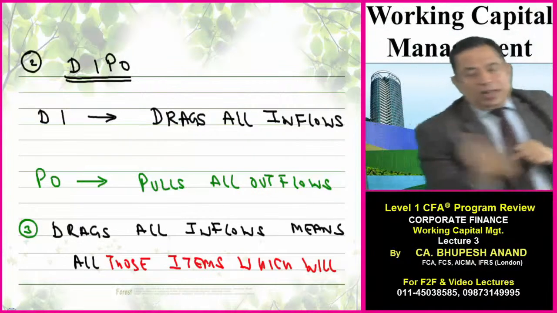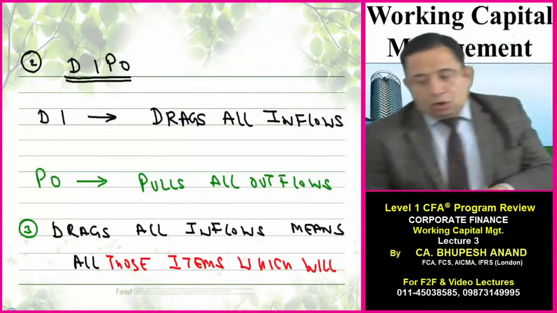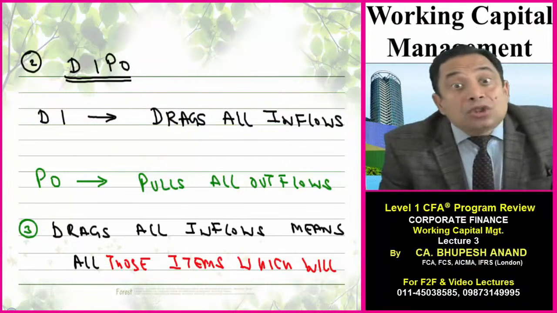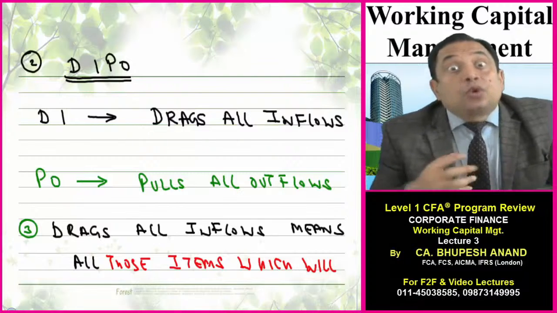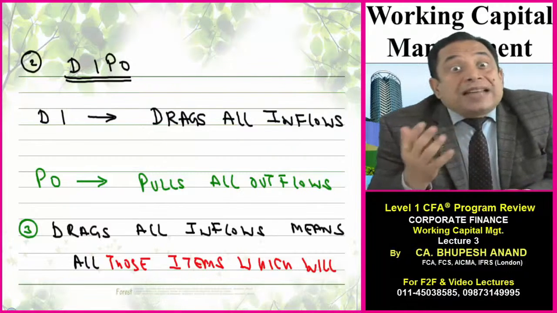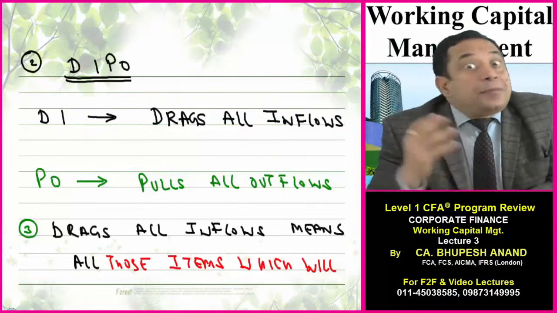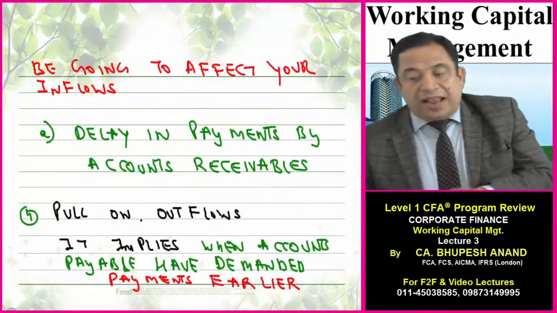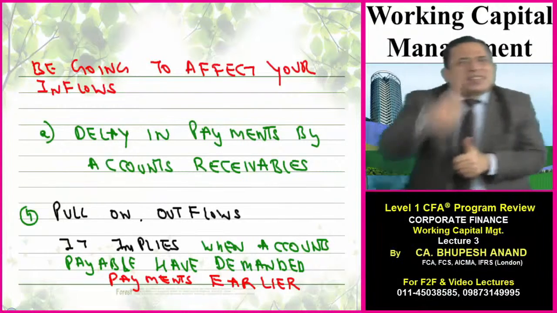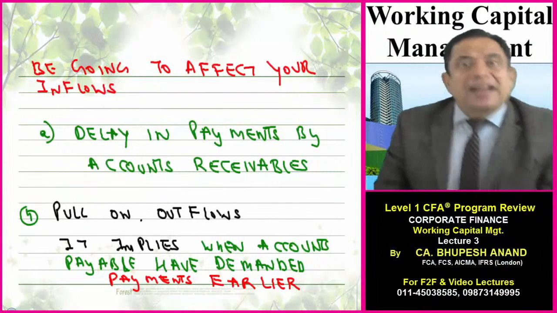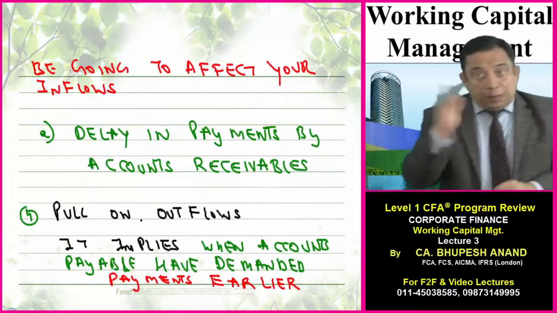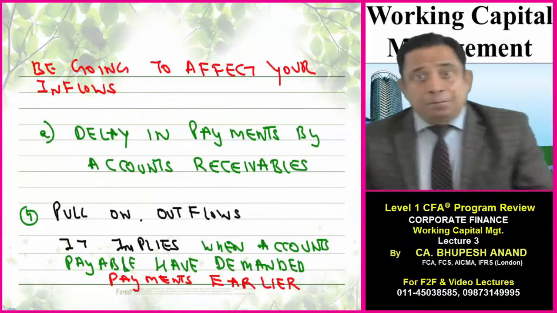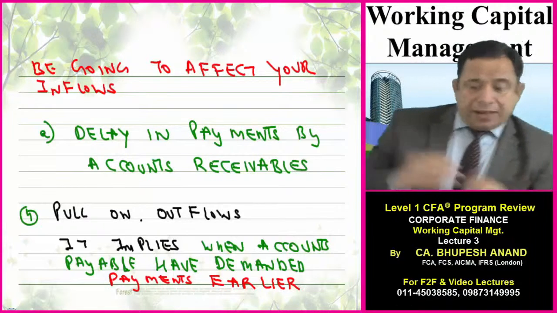Drag on inflows means all those transactions through which, as an entity, I am supposed to get cash, but I am not getting it. That is named drag in, and the best example is delay in payments by accounts receivable. Those debtors are delaying my payment. I have to receive the cash, but they are not paying it.